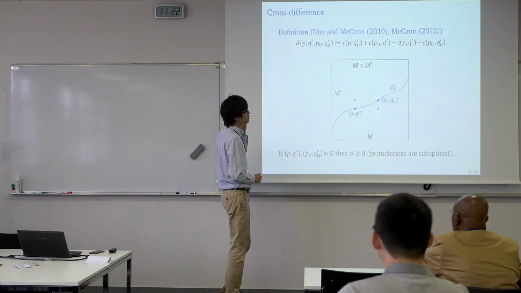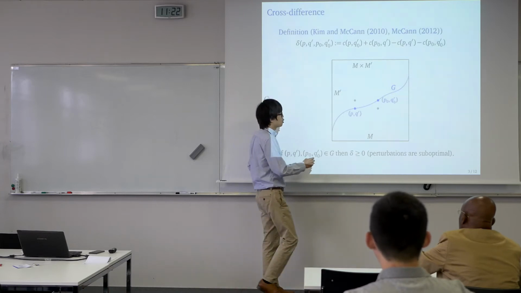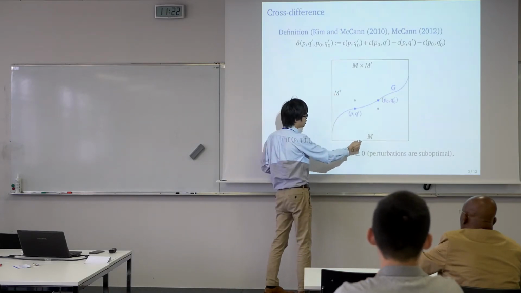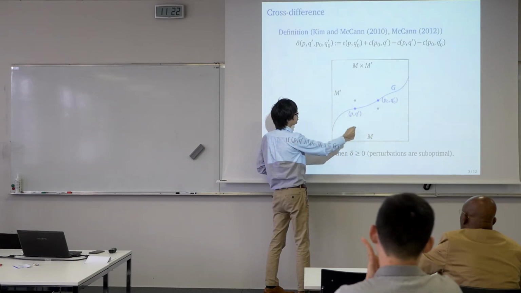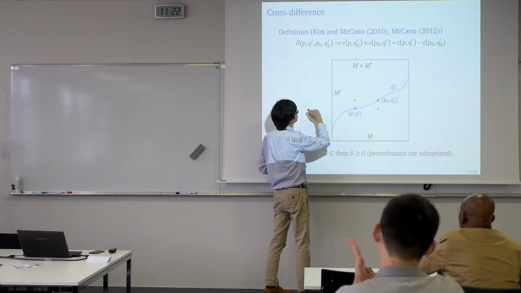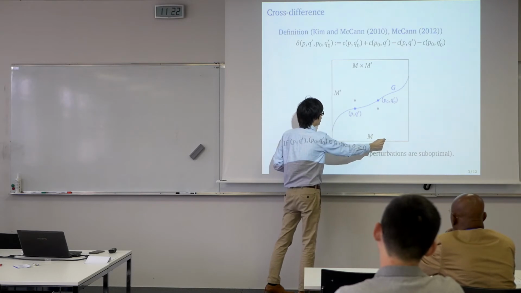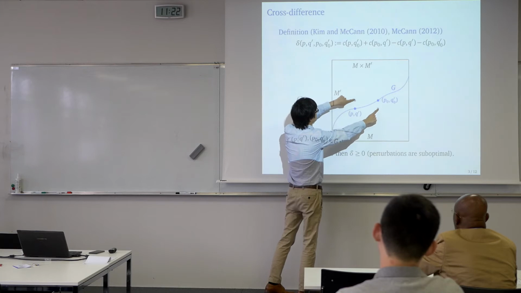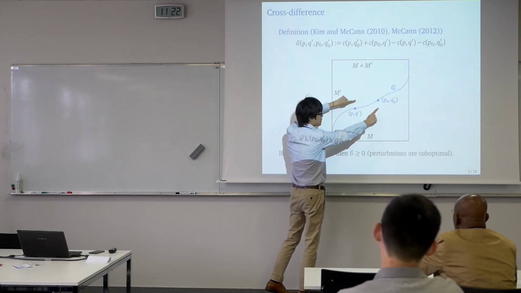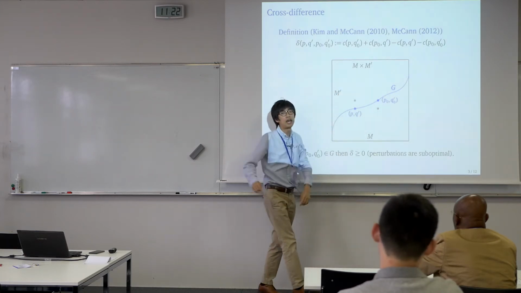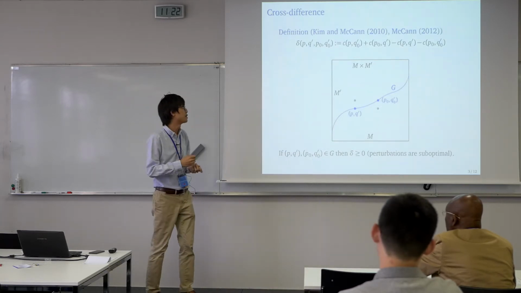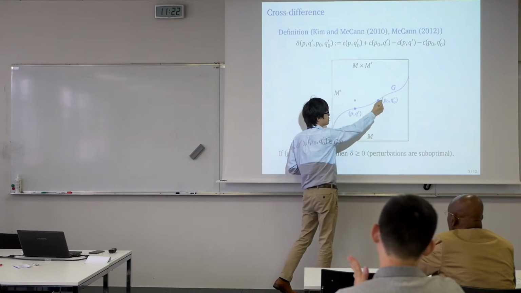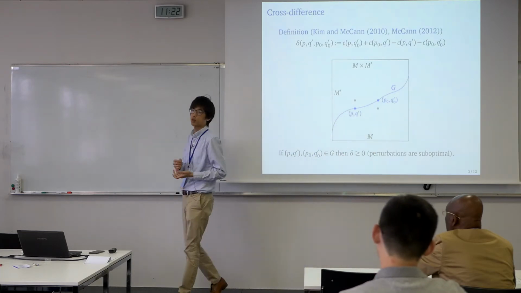The first two terms are the cost if I transport P to Q prime, plus the cost if I transport P0 to Q0 prime. Those are the costs of these particular assignments. Then I look at the difference between this and the assignment where I transport P to Q prime and P0 to Q0 prime. This is called the cross difference.